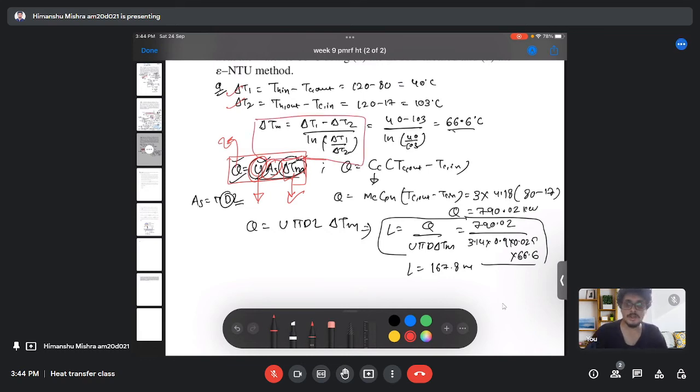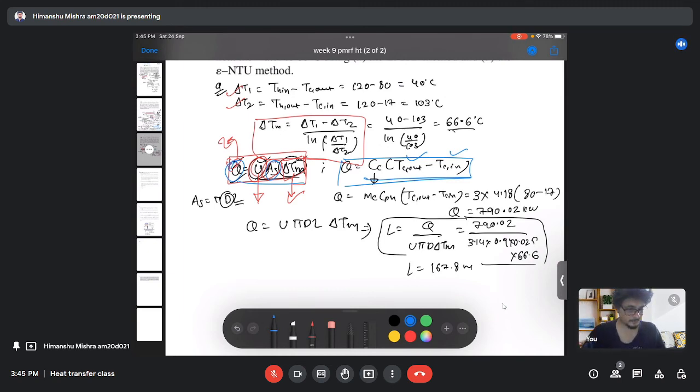Once we found these temperature differences, it is easy to find the log mean temperature by using this relation. Our next step is to find the heat transfer rate, because otherwise we cannot use this relation, as there will be two unknowns, A_s and Q. For finding the heat transfer rate, you need to see the temperature data given in the question. We are given the outlet and inlet temperature of the cold fluid, so we use the standard relation for heat transfer. Let's say we were given the temperature data for the hot fluid, the outlet and inlet temperature of the hot fluid.